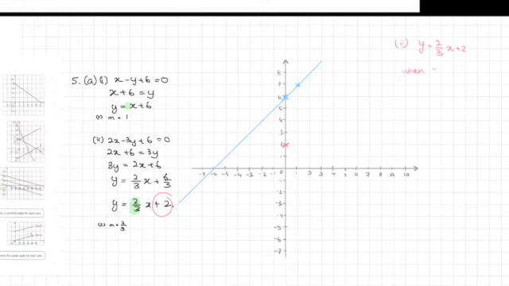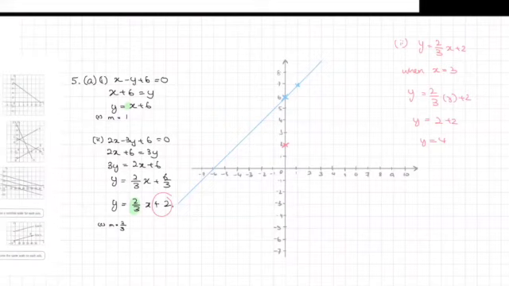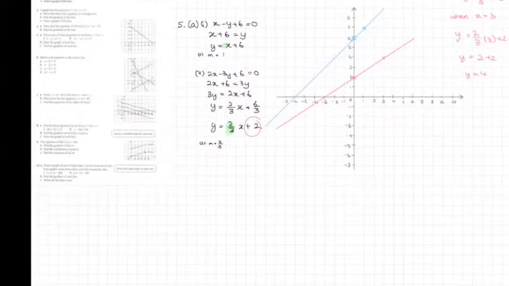When x equals 3, that will give me a whole number which is easier for me to multiply. 6 over 3 is 2, plus 2. When x equals 3, y equals 4. Done. And now let's look at number 6.